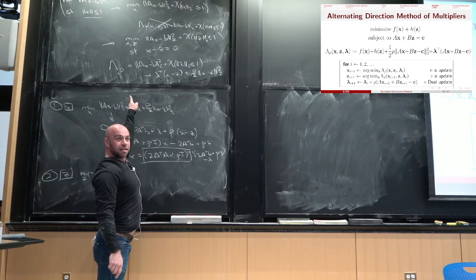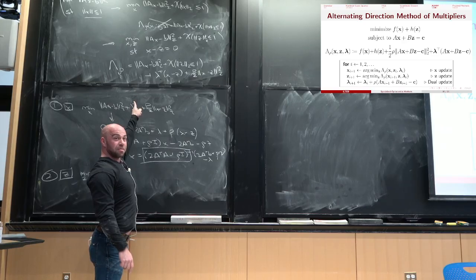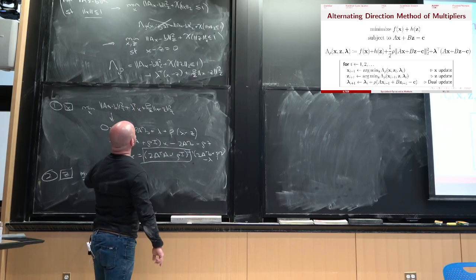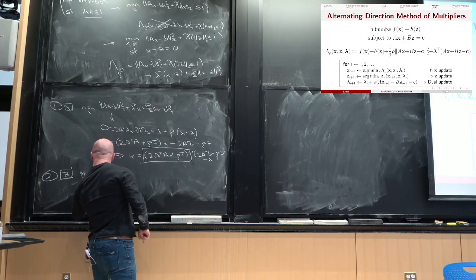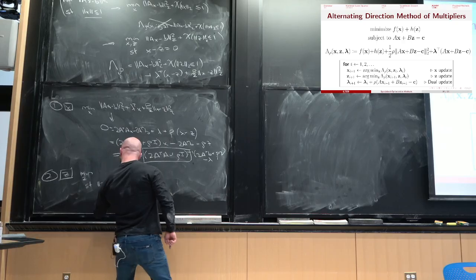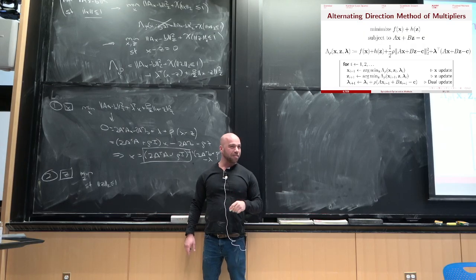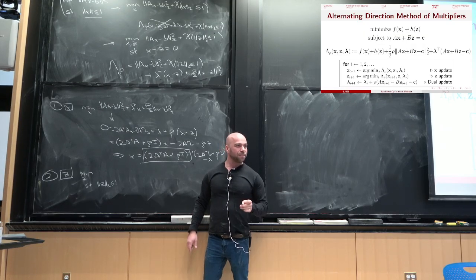Does the Ax minus b term matter? No, not for the problem in z. So we're going to take that chi term and put it back as a constraint, like that.